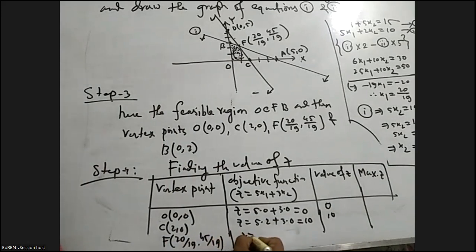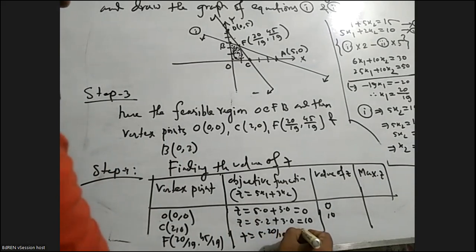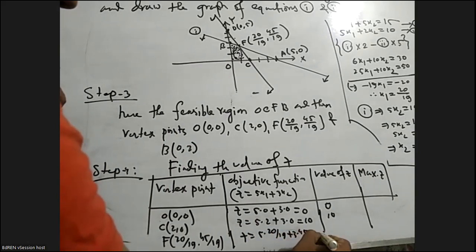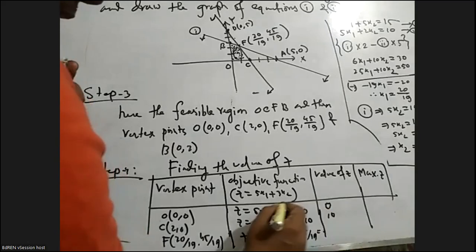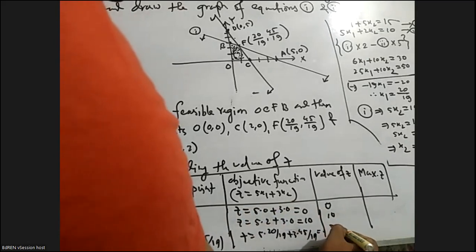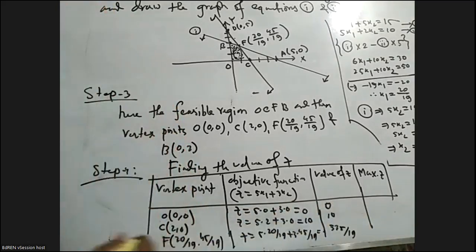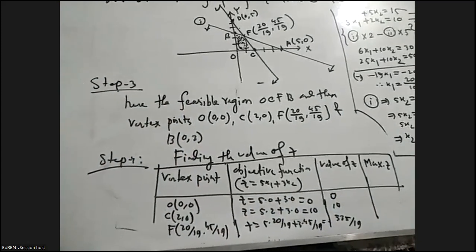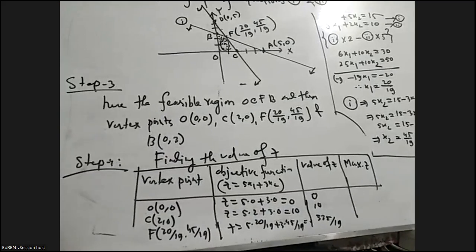So we get the value of z at this point: 5 into 20 by 19 plus 3 into 45 by 19. And this value of z will be 335 by 19. Okay. Actually, this will be the maximum value.